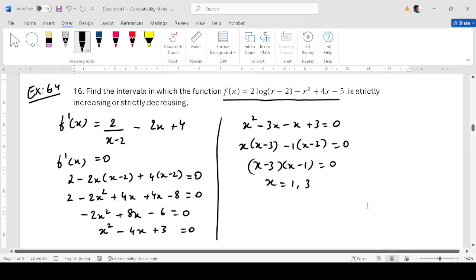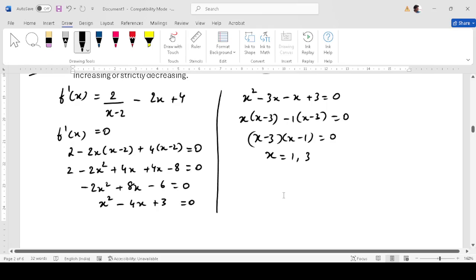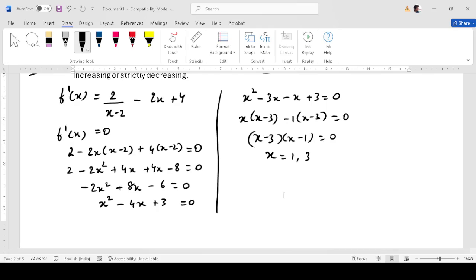Now we need to remember here that we had divided by minus 2 on both the sides. Also that we have a denominator term, that is x minus 2. We had divided the function at this level. Let's just rewrite that function once again.